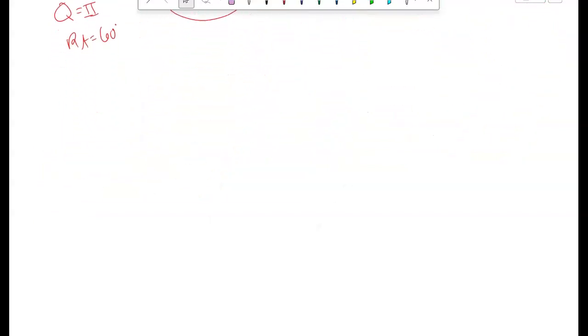Okay. What is going to be, like this one. Let's do the cosine of, let's just go 60 degrees. What's the cosine of 60 degrees? Nope.